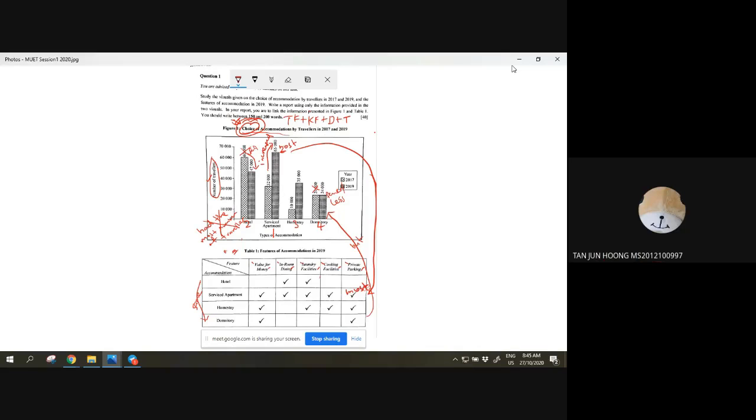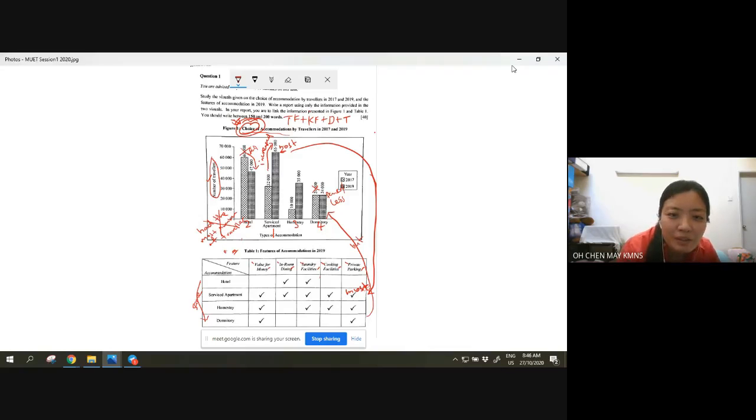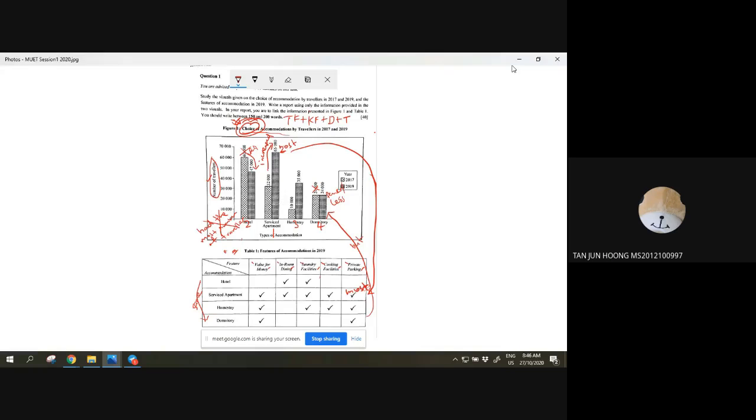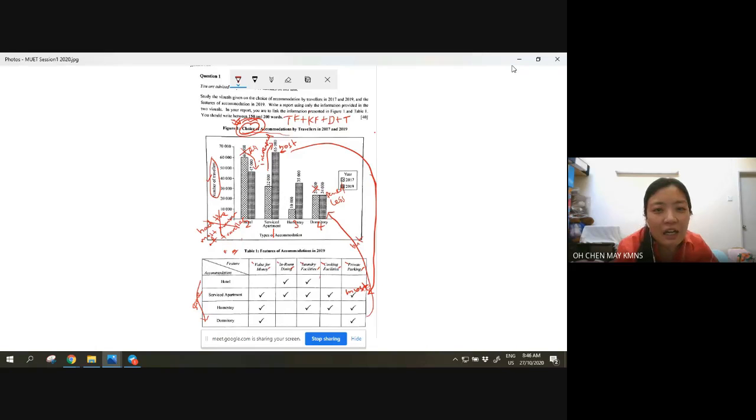Yes, sure. Does this sound weird? Like, "dormitory had the least number of traveler choices." Is that correct or is it wrong? I suppose it can be accepted because you have put the word here, traveler choices. The keyword is there, the choice.